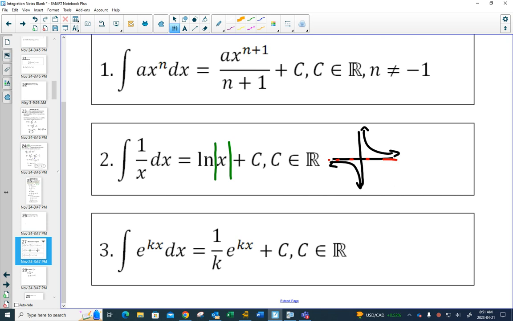This is your graph of 1 over x, and this is your graph of the natural logarithm. And all that graphing we did in grade 12 is actually really quite helpful for us to understand what's happening.